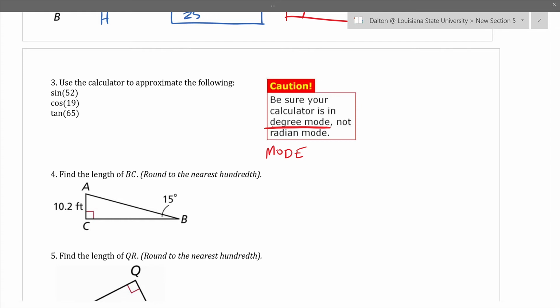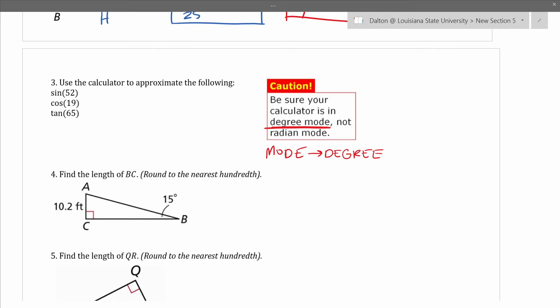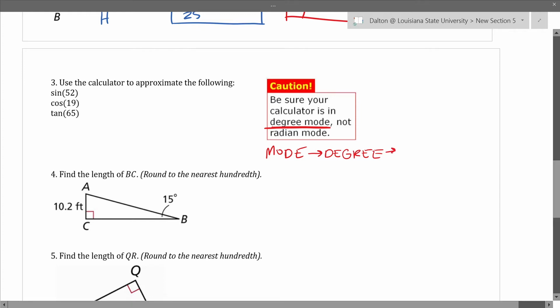And then you're going to scroll down and you're going to see 2 words, the word degree next to the word radian. You need to make sure the word degree is highlighted. If it's not, go ahead and use the arrow to scroll over to it and hit enter. And then you can hit second quit to get out of that screen.